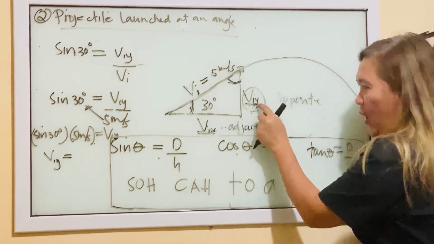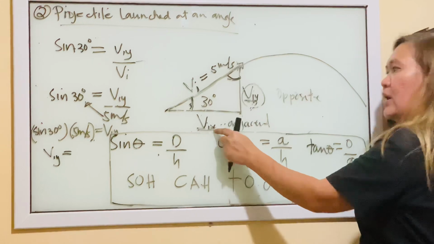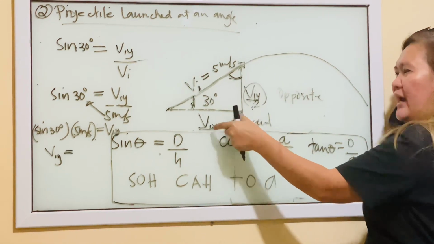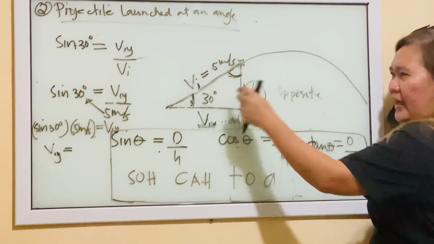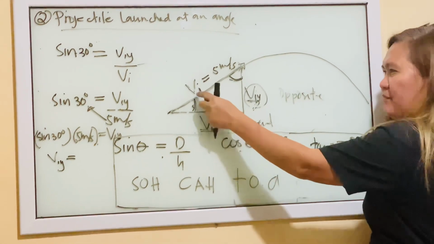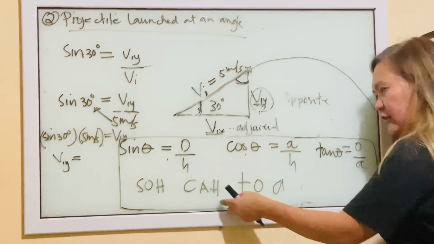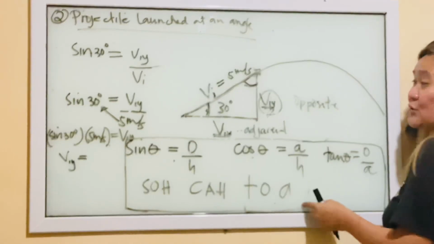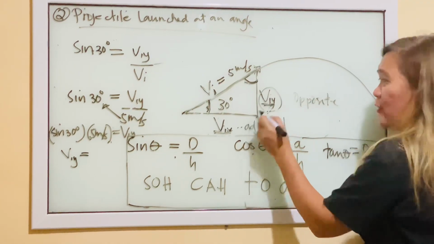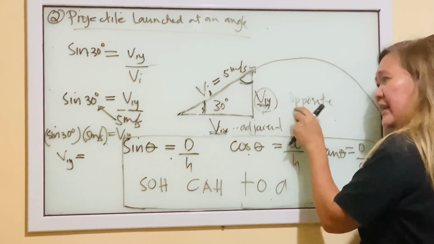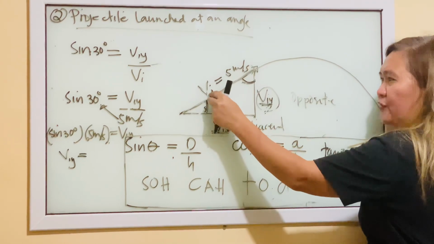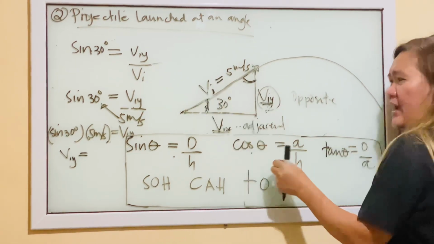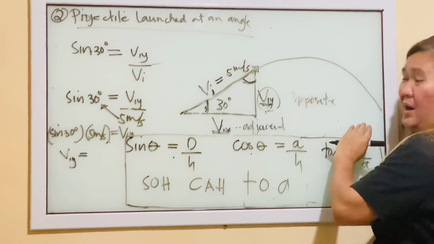So yung Y walang pakialam sa X, yung X walang pakialam sa Y. So kinakailangan paghiwalayin mo yung X, lahat ng X and lahat ng Y. And by doing this, V sub I, using your SOHCAHTOA, your trigonometric function, you will be able to solve for V sub IY and V sub IX. Kaya ihiwalay mo yung X, ihiwalay mo yung Y. Kaya natin ihiwalay itong V sub I. Meron siyang X and Y eh. So ihiwalay mo yung X, ihiwalay mo yung Y.